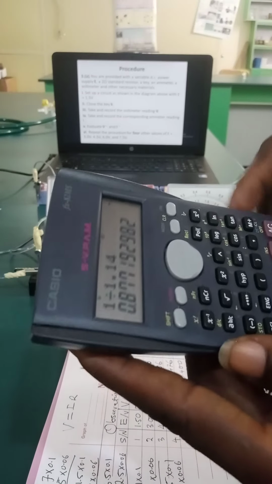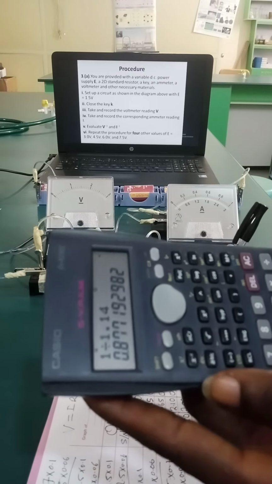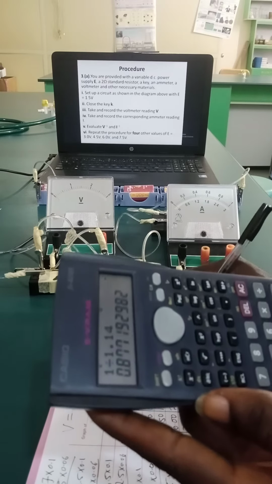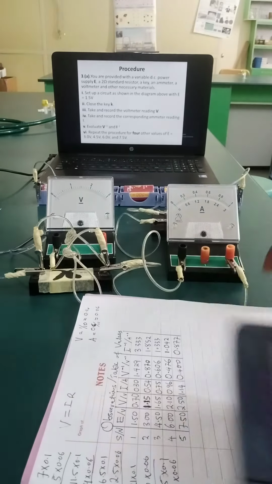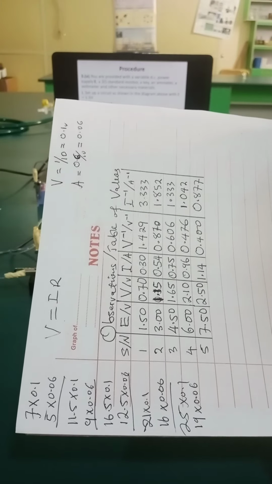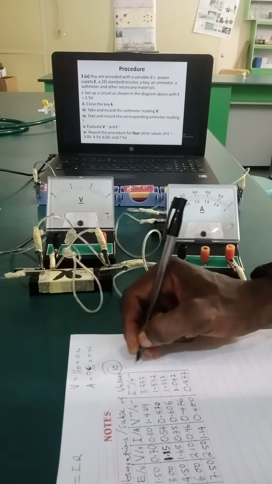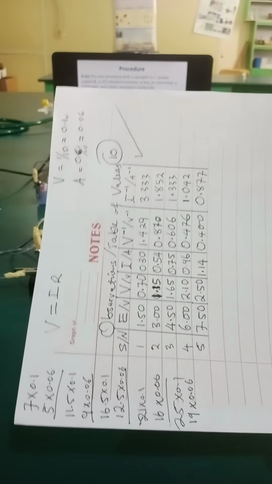If you do that, you're going to have 0.877. So this is the table of values. The whole of this carries 10 marks. If you do it correctly this way, you have your 10 marks.